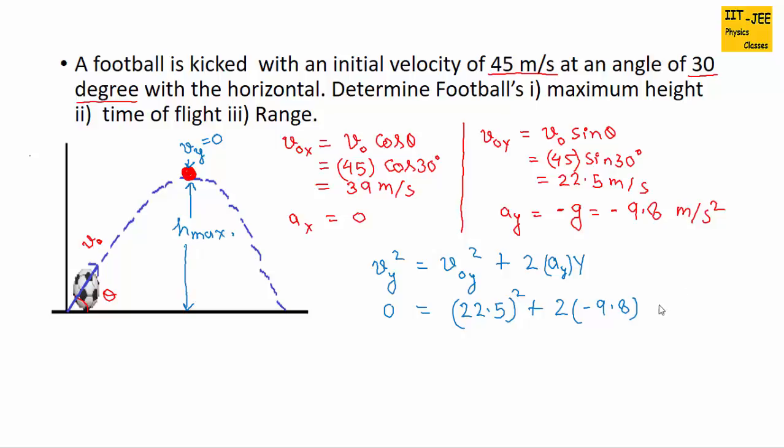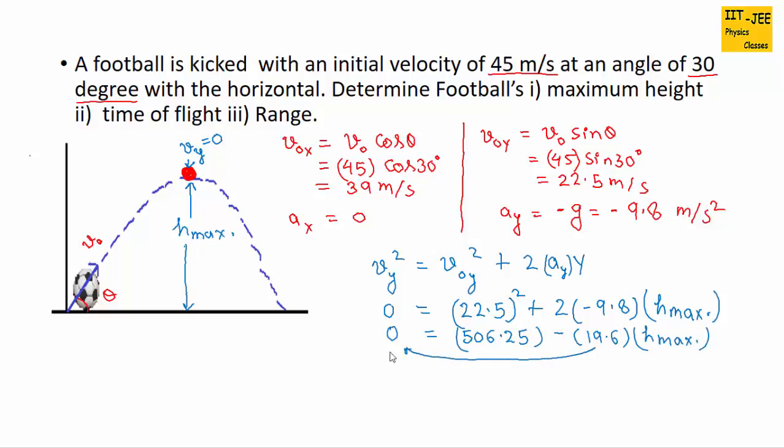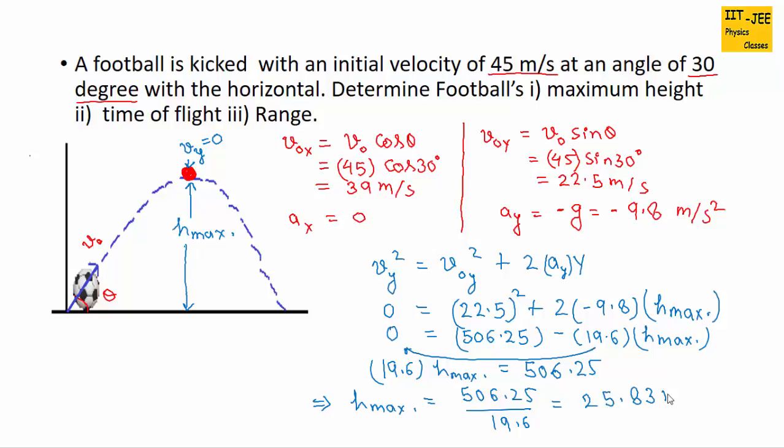So we can write y equals h maximum. We need to take this term to the left. So 19.6 h maximum equals 506.25. So this will give us h maximum equals 25.83 meters. So this is the maximum height of this football.